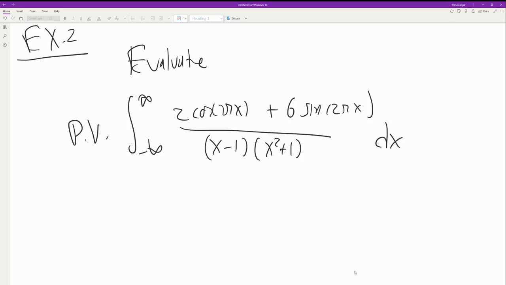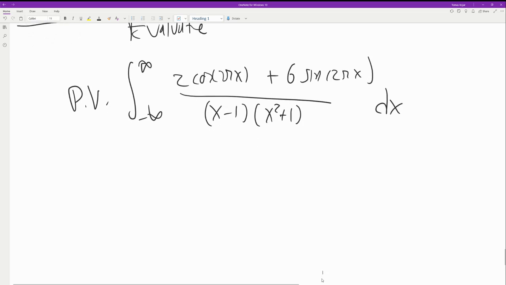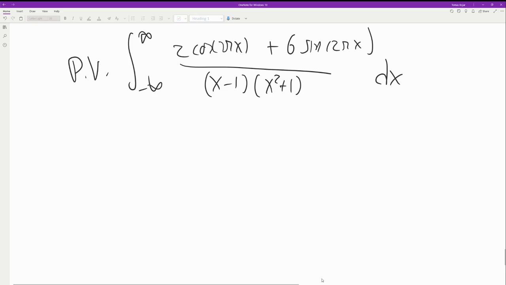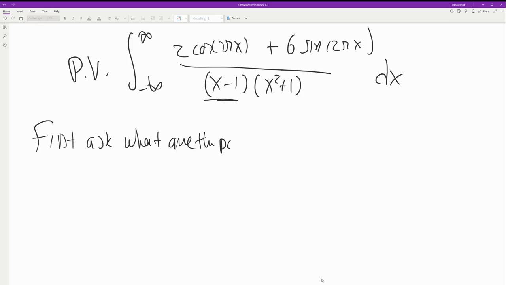Okay, so again, don't jump the gun and try to do a semicircle. So first ask, what are the poles? Well, they are x equal 1 and then plus minus i.